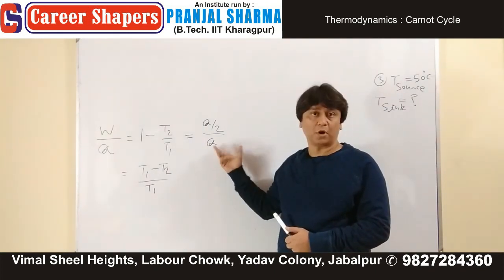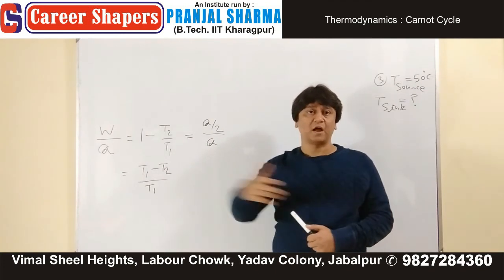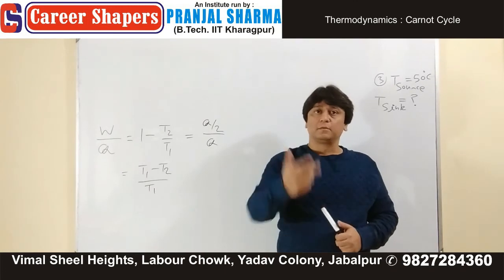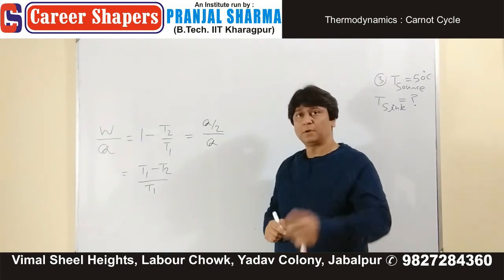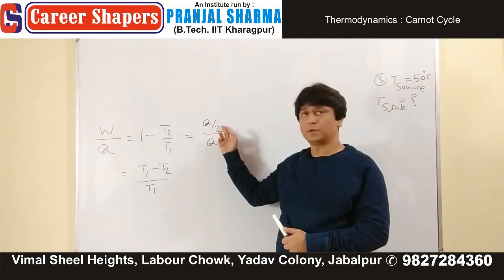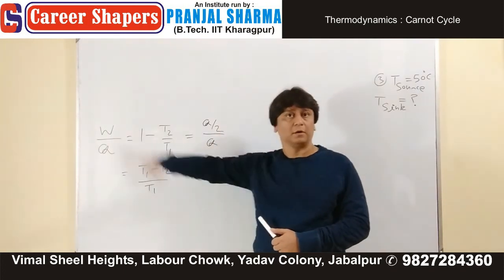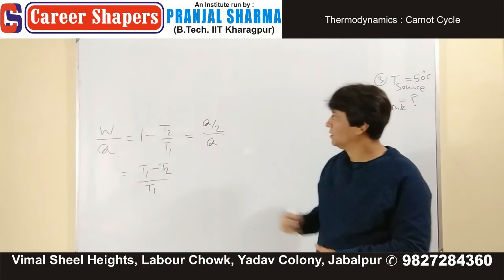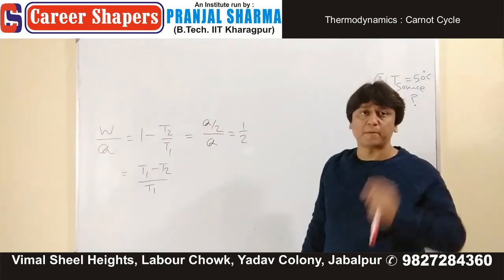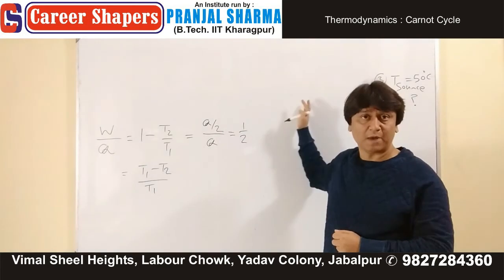I hope it's clear. I gave you 1000 rupees, you rejected half of it, that means 500 rupees. You give it back. How much did you use? The other half, which is 500. So the half you are using and the other half you are returning. This gives us efficiency of 50%, 1 by 2 multiplied by 100.